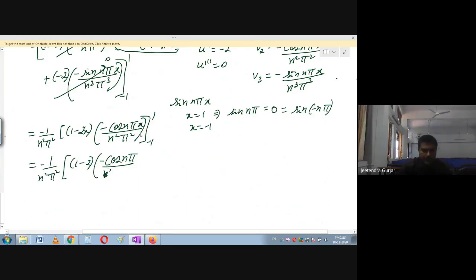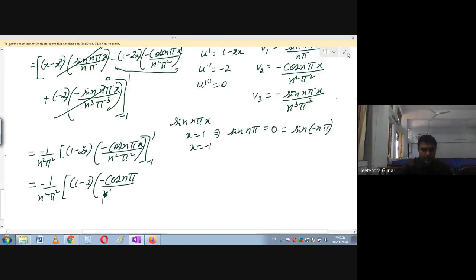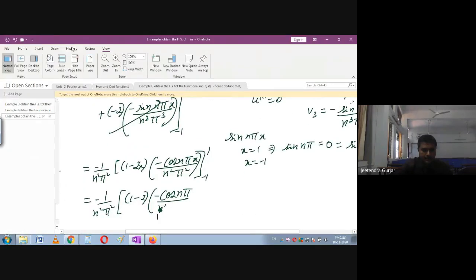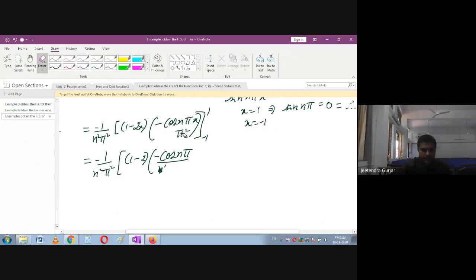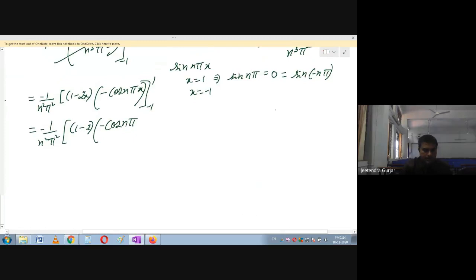No need of writing again n square pi square again and again. I have removed it outside only, friends. Don't worry. So this much is remaining. You can simplify this, students, very easy. You can finish the example very easily.